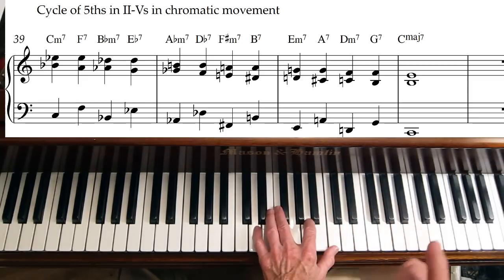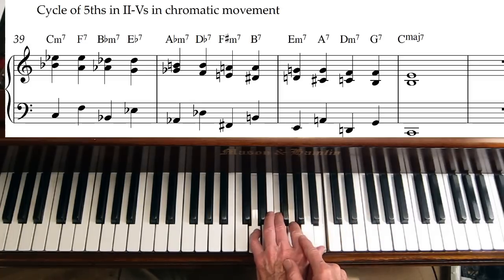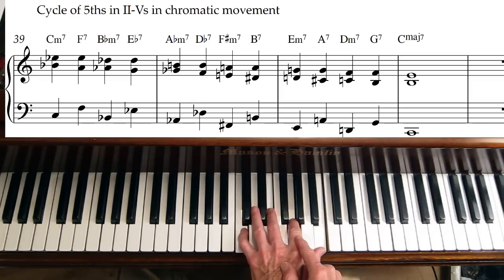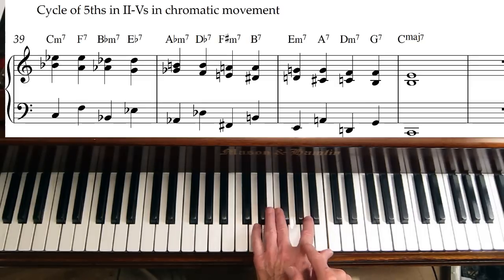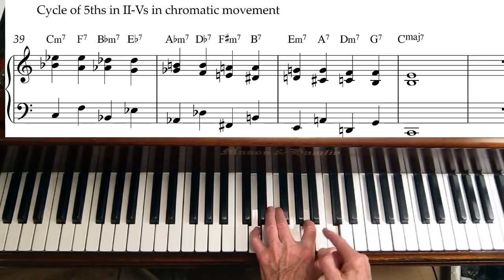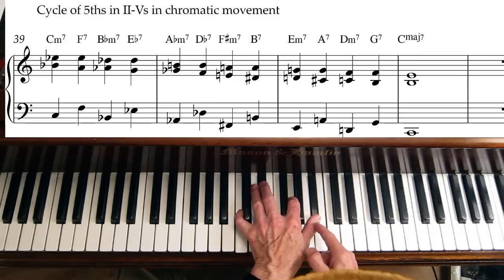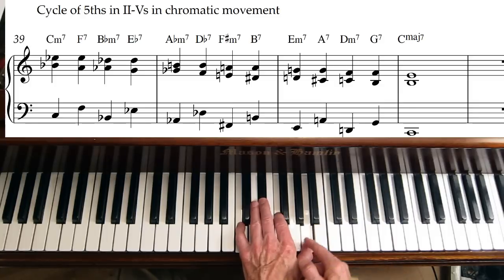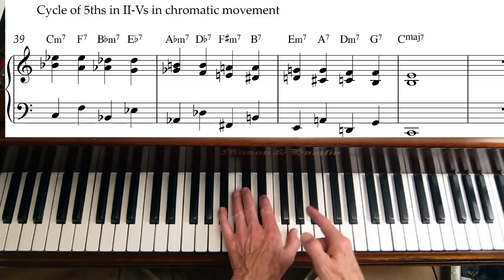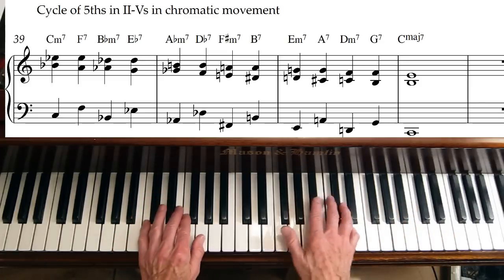So 2 5 1 would be D minor 7, G7. If it resolves, it's going to go to C major 7. If it doesn't resolve, it can go to D minor 7, G7, and then continue the cycle by going to C minor 7 and B flat 7, resolving to B flat minor 7 to E flat 7, and so on. So that's what you have here.